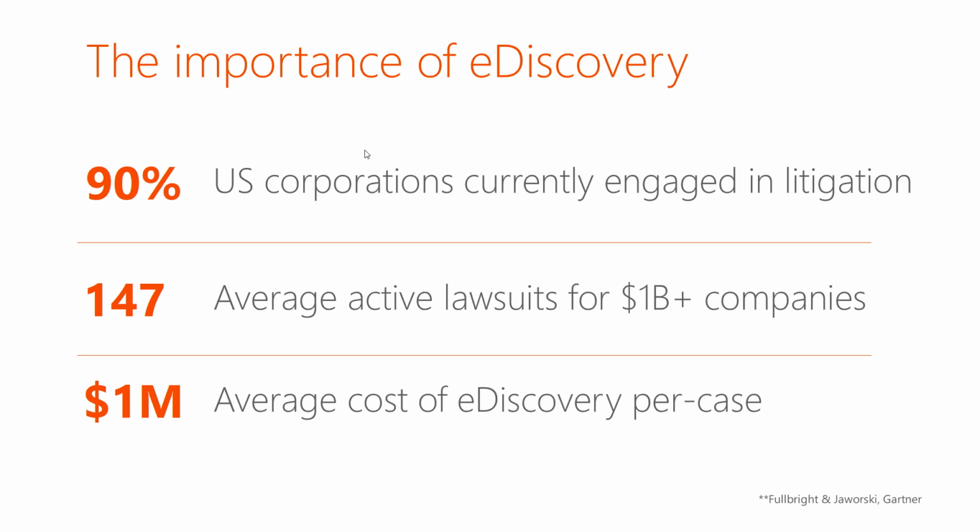So when you average in 147 cases per year at $1 million just for the eDiscovery portion, that's almost 150 million US dollars just for eDiscovery every single year. So we can get a sense as to why it's important to have the appropriate tools that can allow you to really reduce the costs from this.